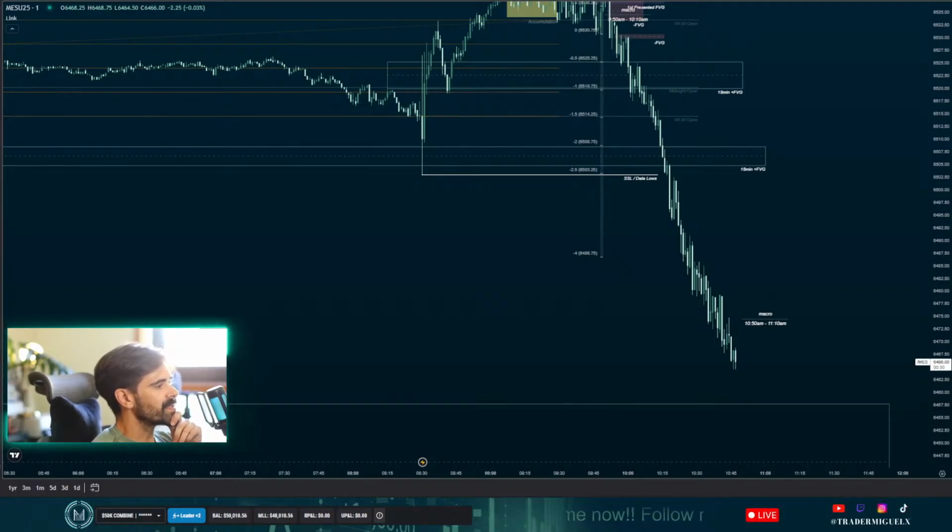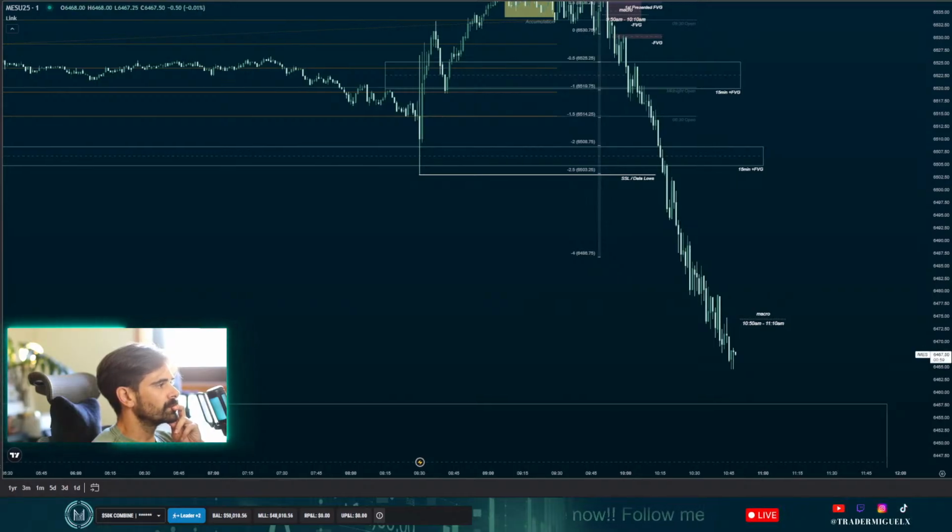So price is still heading south, and there's not much to see around right now. Let's see if price will give us some more downside here.